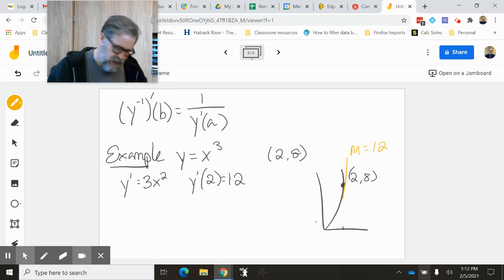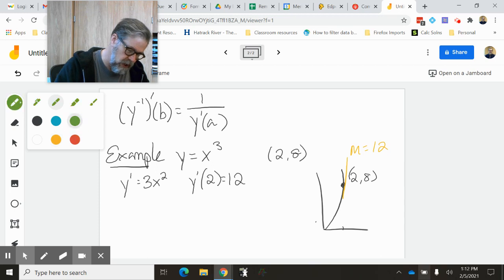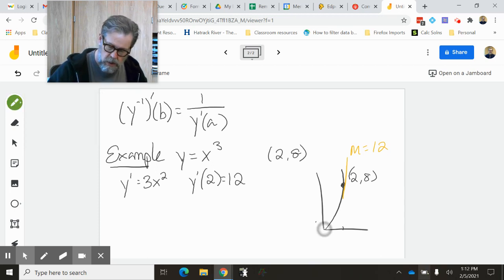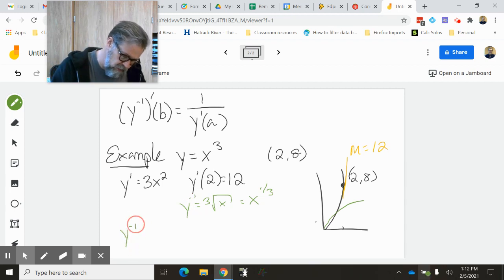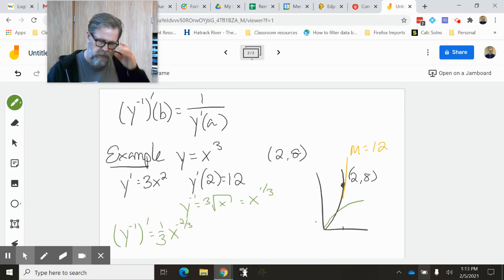All right, now let's look at y equals the cube root of x, also known as x to the 1/3. This is the inverse function, so I'm going to notate it with the inverse function, and the derivative of the inverse function is 1/3 x to the negative 2/3, just using power rule.